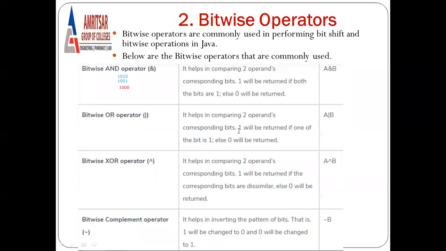Similarly, for the OR operator, here bits are also compared. So here we are comparing bits, like we have operand 1. Similar values will be taken for better understanding. So now we want to perform the OR operator.